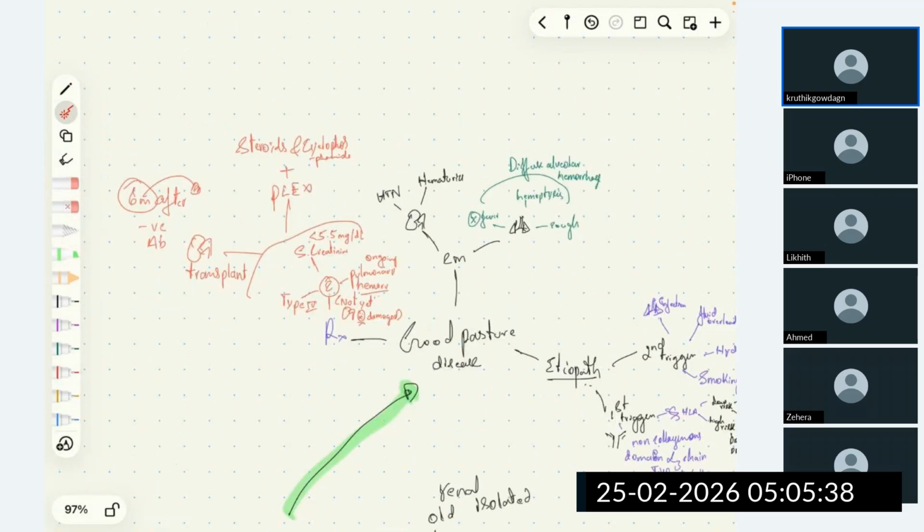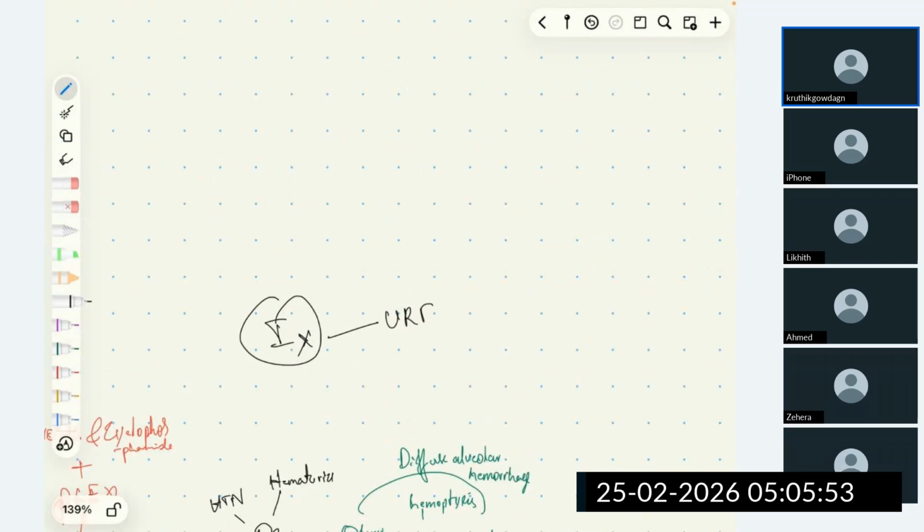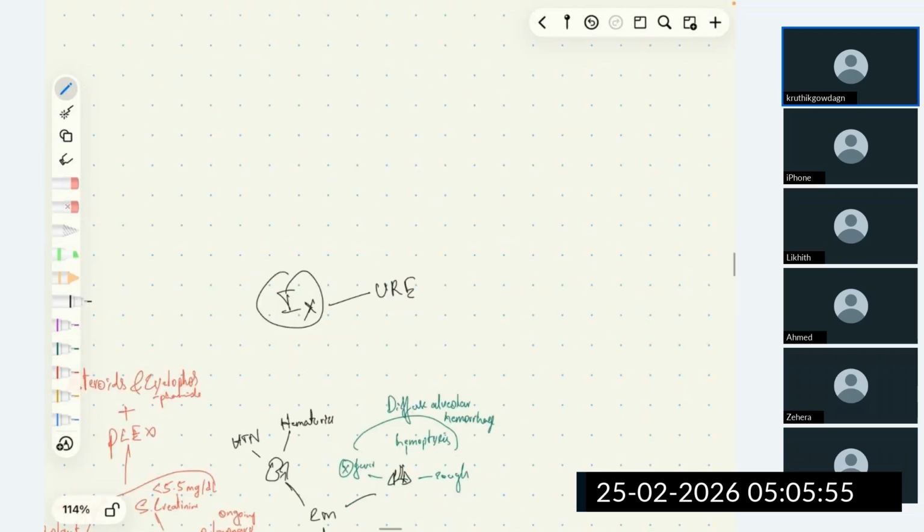What are the investigations that should be done in Goodpasture syndrome? As usual, as in other diseases, we'll do urine routine examination where we can see RBCs in urine. We'll see mild proteinuria.